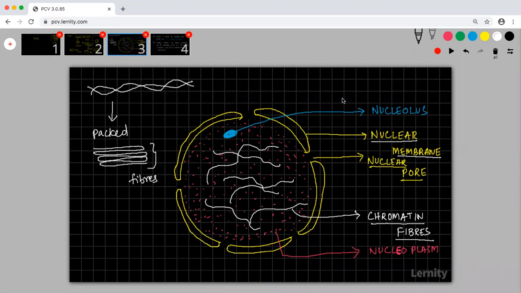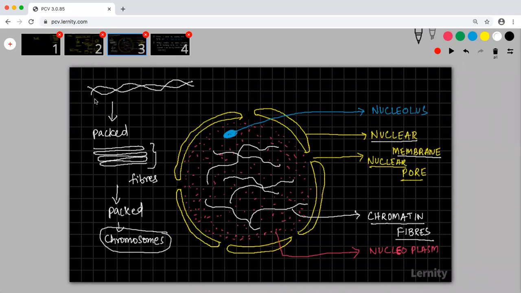So basically, when your DNA is packed, we call it what? Chromatin fibers. When chromatin fibers get further packed, what do we call it? We call it chromosomes.